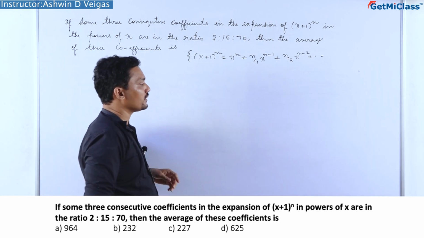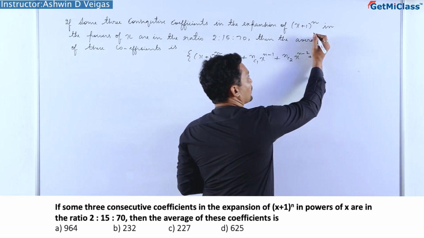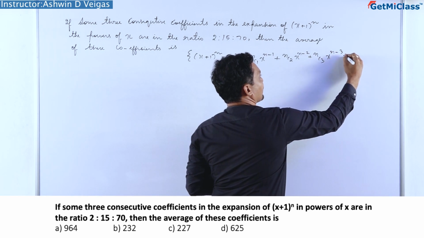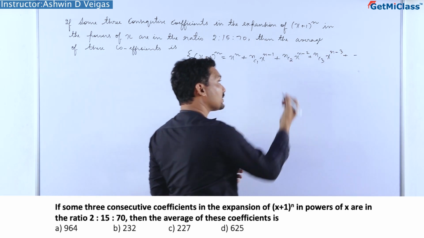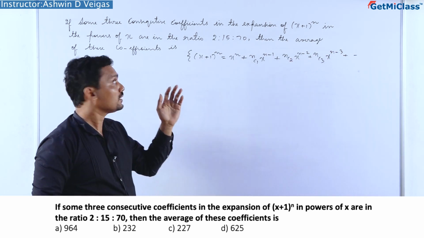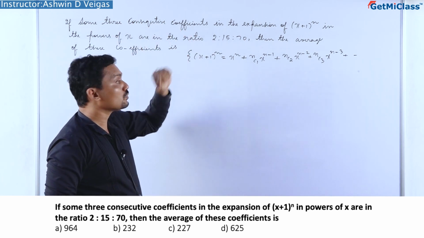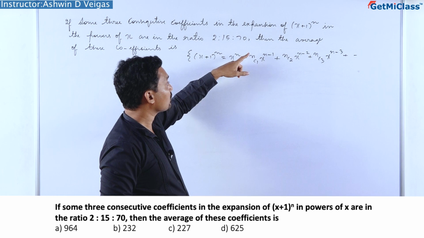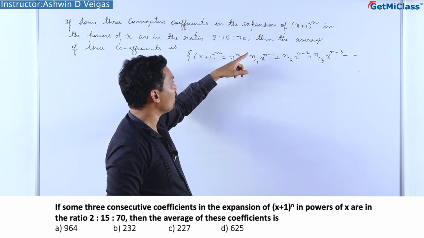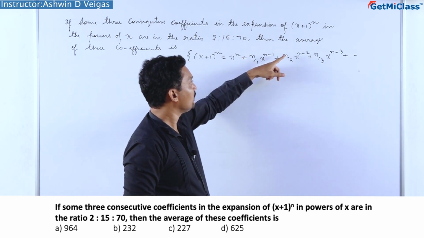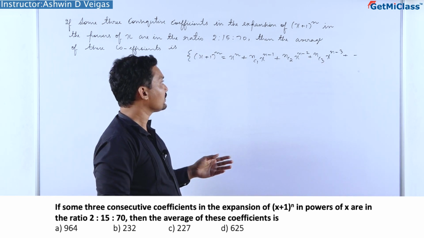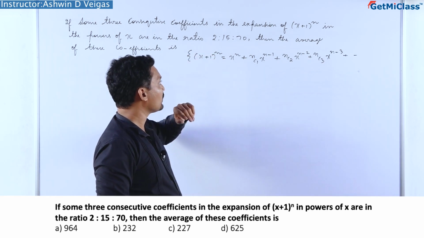Now, if you want, I will write the next term nC3 x^(n-3) etc. We are not interested in these terms, but we are only interested in the consecutive coefficients. So, in this expansion the consecutive coefficients are of the form nCr, nC(r+1), nC(r+2).